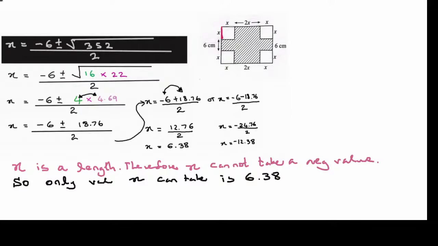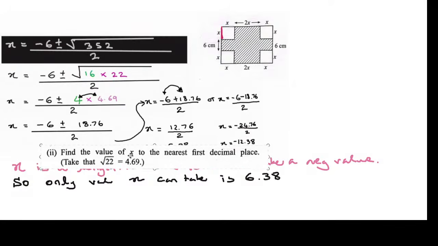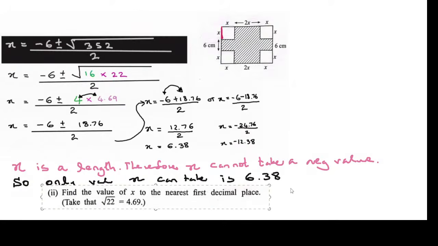So Roman 2, let me bring the question once again to the screen. So here comes the question. They want us to give the value of x to the nearest first decimal place. What they're trying to say is round our answer to the first decimal place. So then x equals 6 point.